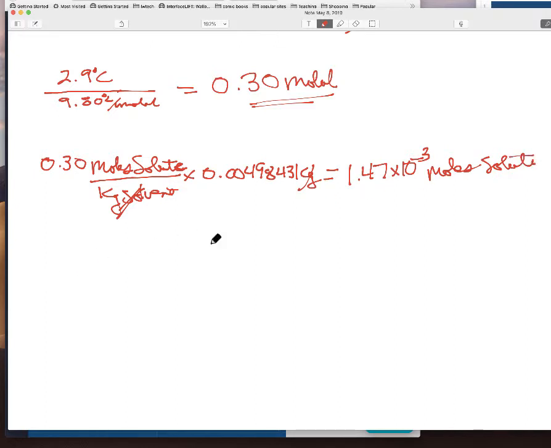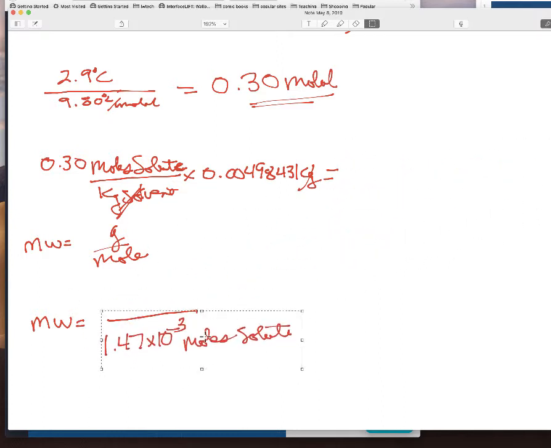Since molecular weight is defined as grams per mole, we just take the grams of our solute divided by the moles of our solute. We already have the moles, so the molecular weight is equal to this, which I'll put down here.